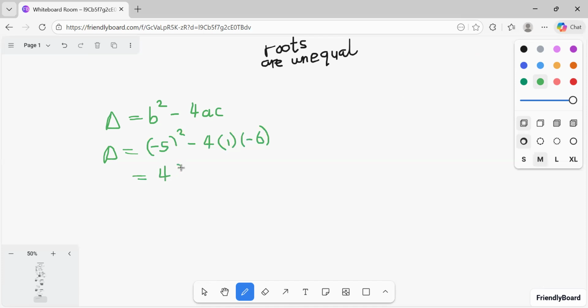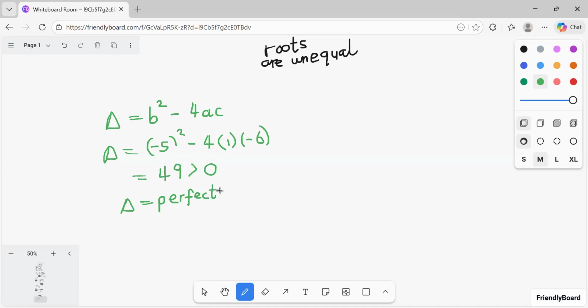And 49 is greater than 0. And we know that 49, which happens to be our delta, is also a perfect square.